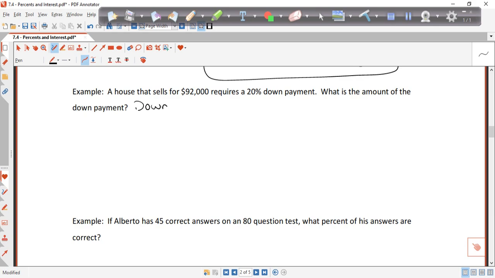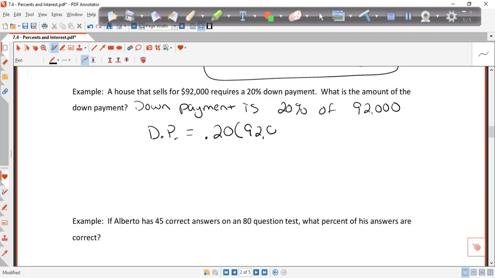So our down payment is 20% of $92,000. Or you may have just written 0.2 times 92,000 without the DP equals, and that's perfectly fine. We get $18,400.